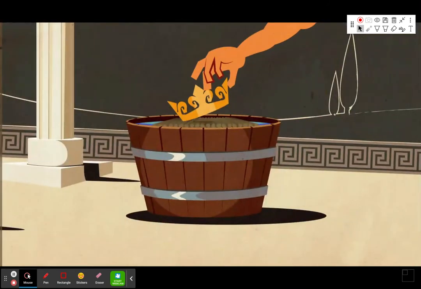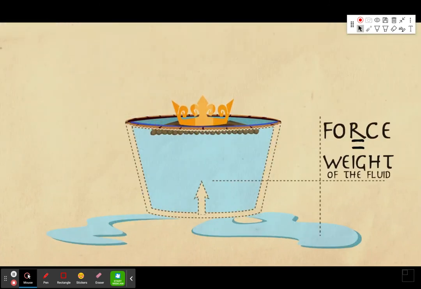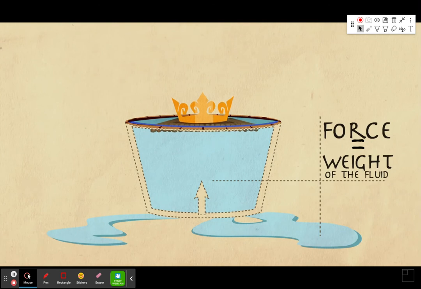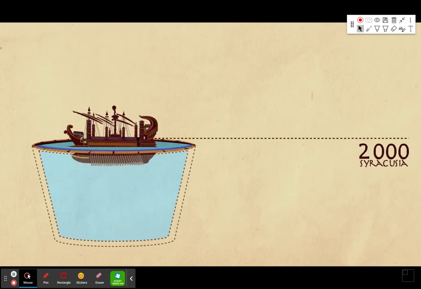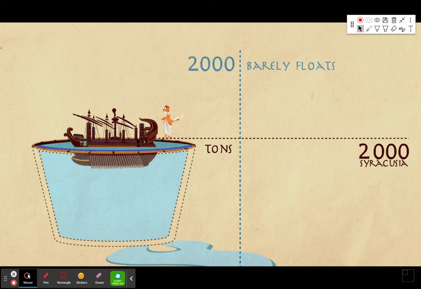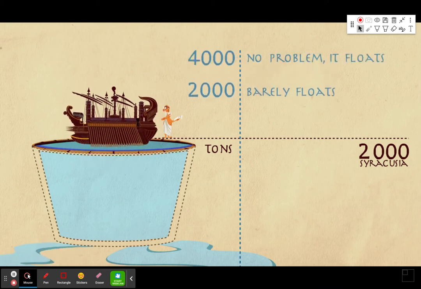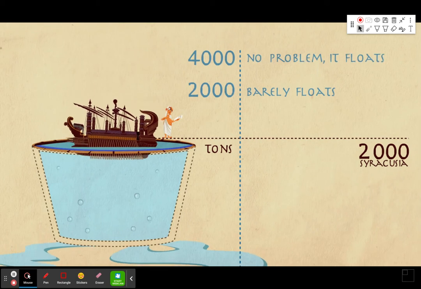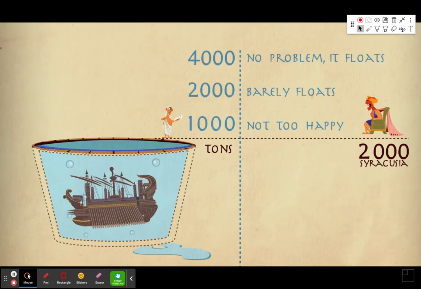An object partially immersed in a fluid is buoyed up by a force equal to the weight of the fluid displaced by the object. In other words, if a 2,000-ton Syracusia displaced exactly 2,000 tons of water, it would just barely float. If it displaced 4,000 tons of water, it would float with no problem. Of course, if it only displaced 1,000 tons of water, well, Hieron wouldn't be too happy.